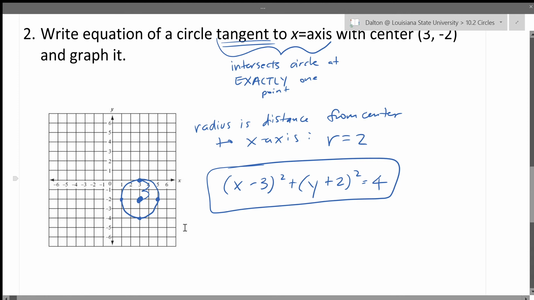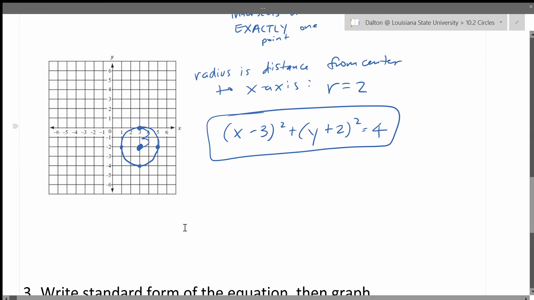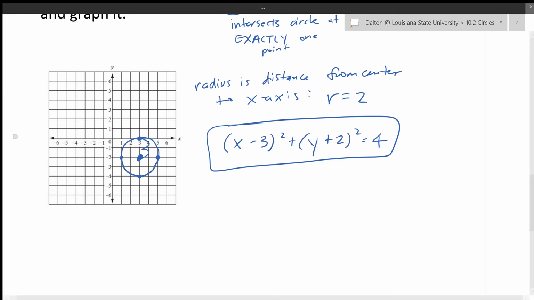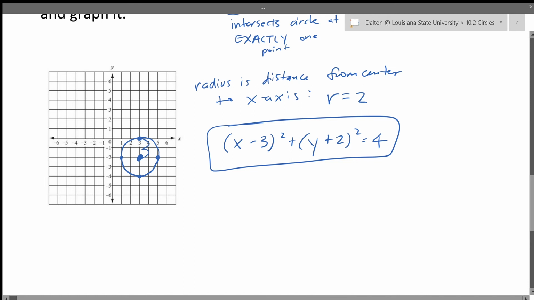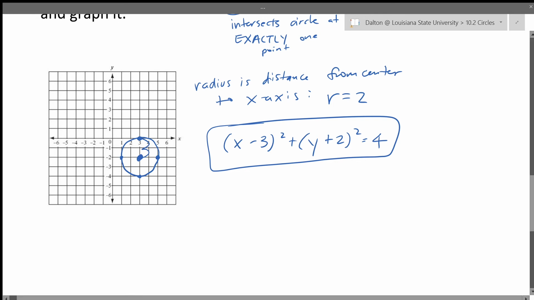Okay, so those are the pretty basic types of questions. Things, of course, will get a little bit more complicated because, as with equations of lines being represented in different forms, there's another form for the equation of a circle, and it's called general form. So standard form is the nice form because everything is visible.